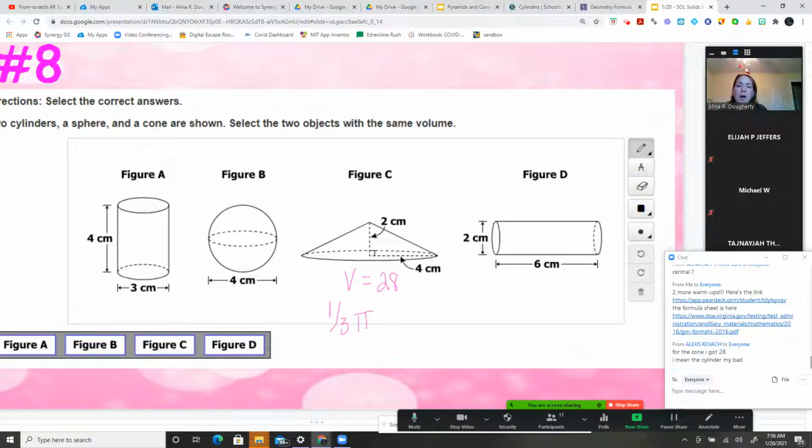Oh, the cylinder? Say that again? For the figure that you're on, figure C, I got 32/3 pi, 16 times 2. I got 33.5 centimeters when I put this in the calculator.